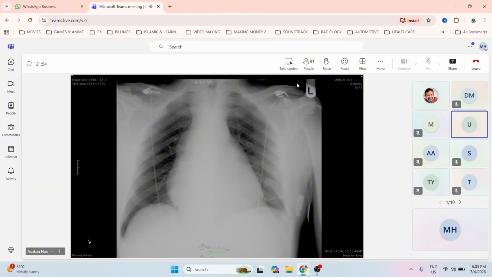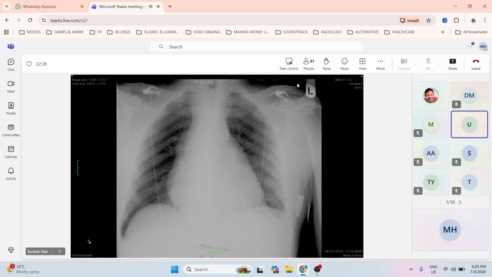Otherwise, there is minimal right pleural effusion over the right costophrenic angle. The left costophrenic angle is still preserved. Otherwise, the soft tissue and also bones are unremarkable. So, conclusion: this is cardiomegaly, giving the appearance of likely features of pericardial effusion, with no evidence of pulmonary edema.